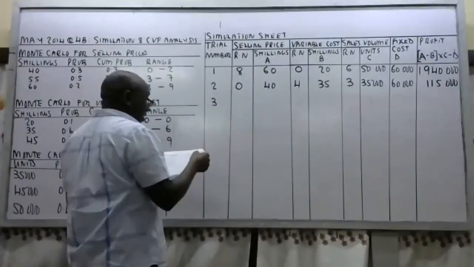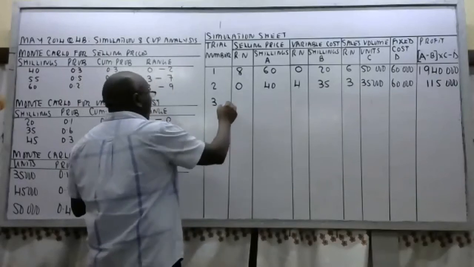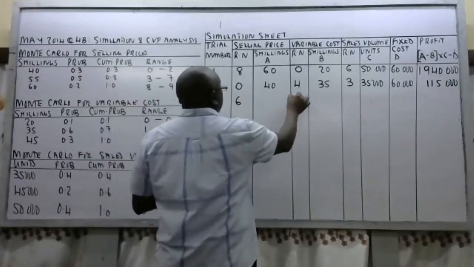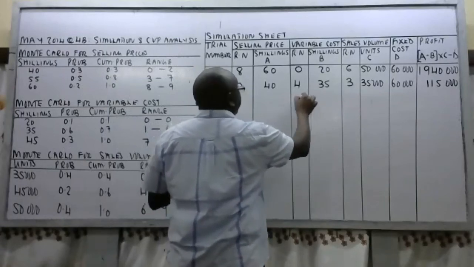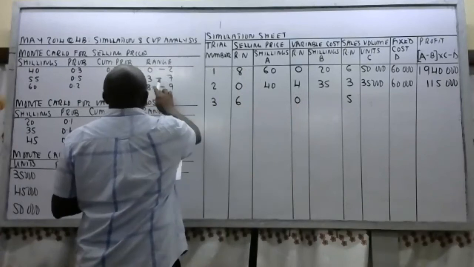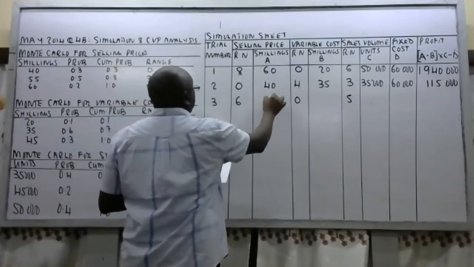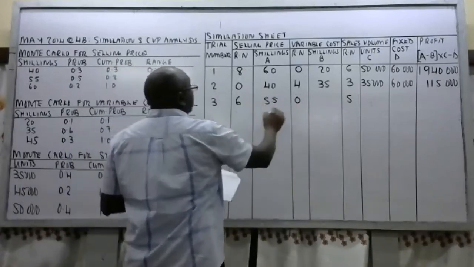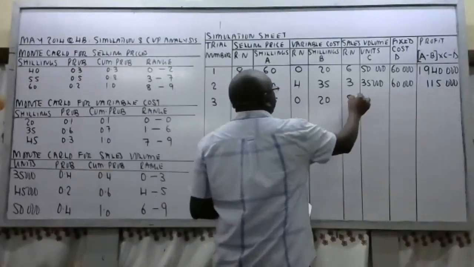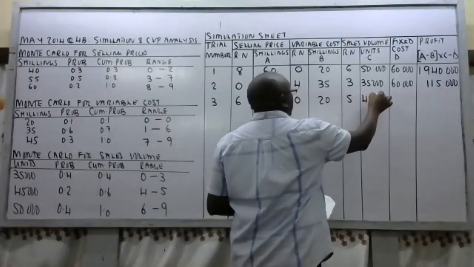Day number 3. I have 605. So 6 is giving me 55. 0 is 20. And 5 is 45,000.